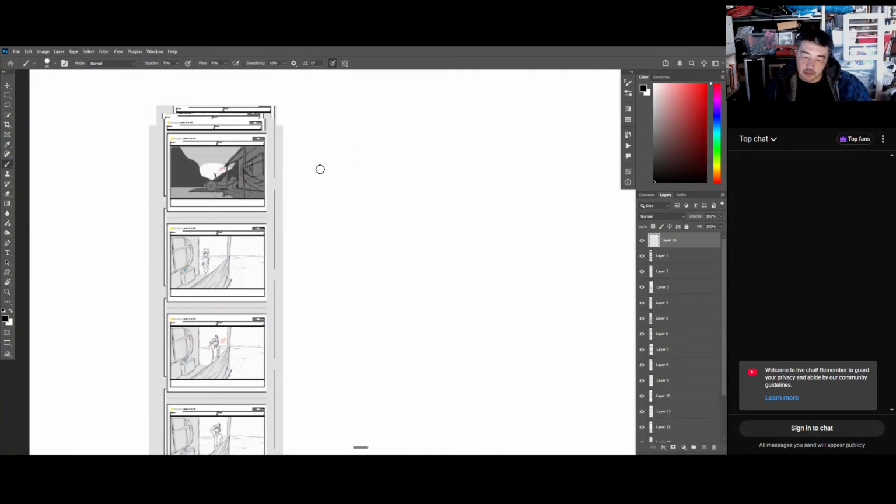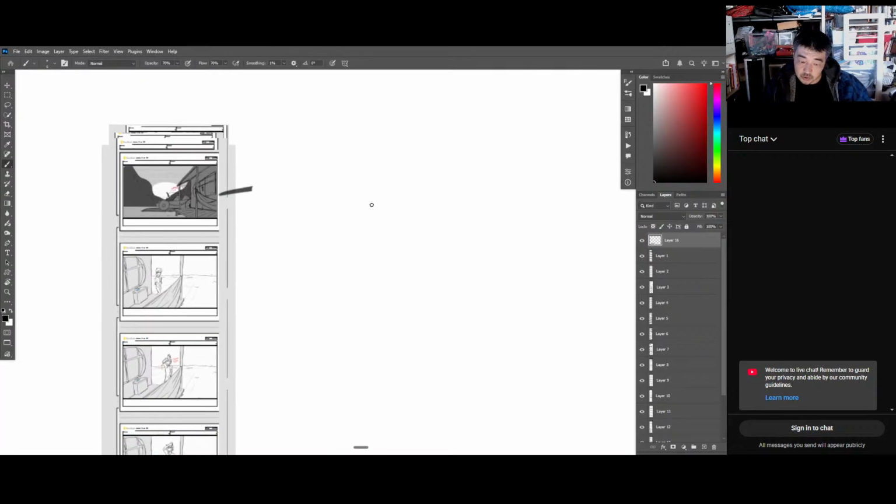So their first shot right here, we're establishing a car and a sunset. So let's draw this from the top view. I always like drawing things from the top view. So we have our house or our saloon right here, and we have our car right over here.